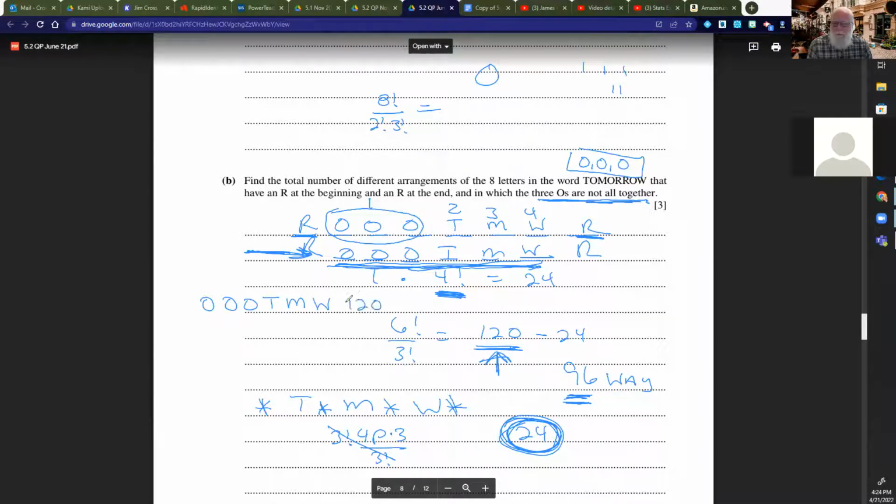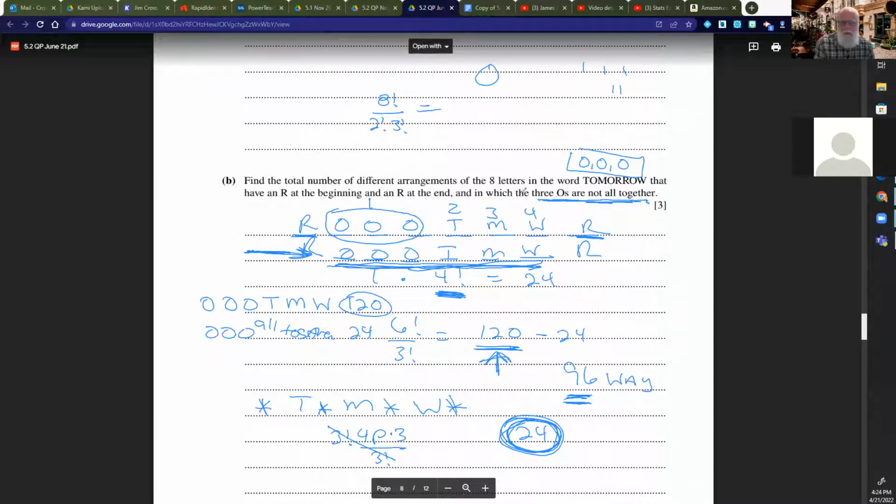Now, what's the 24? That's the number of ways in which the three O's are all together.